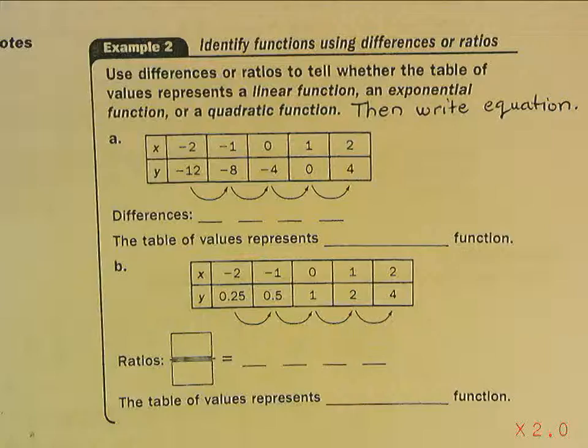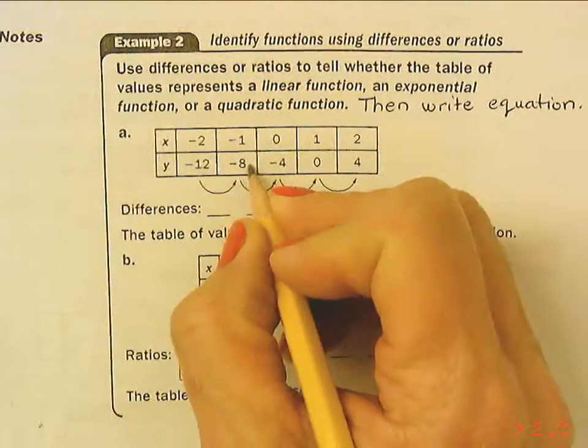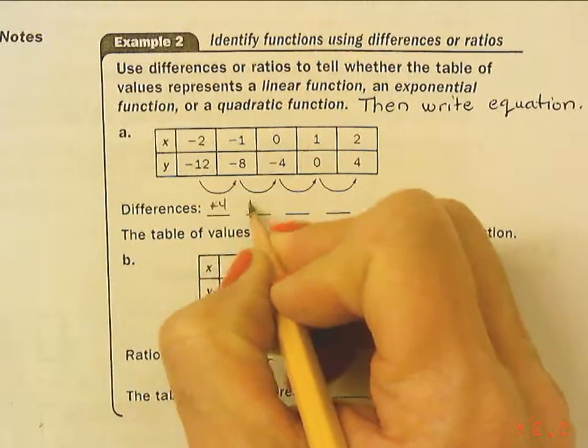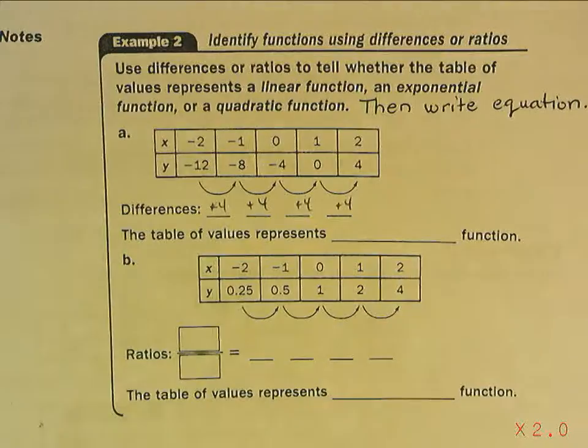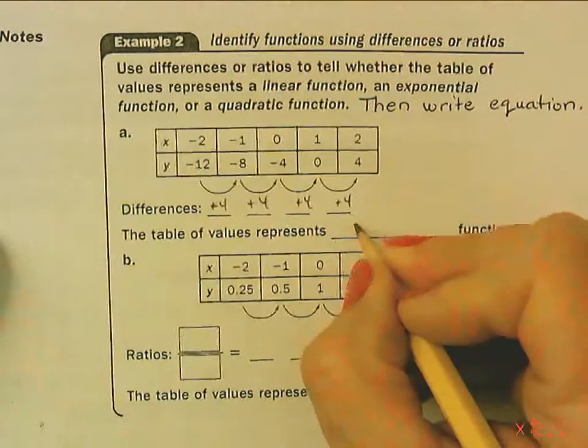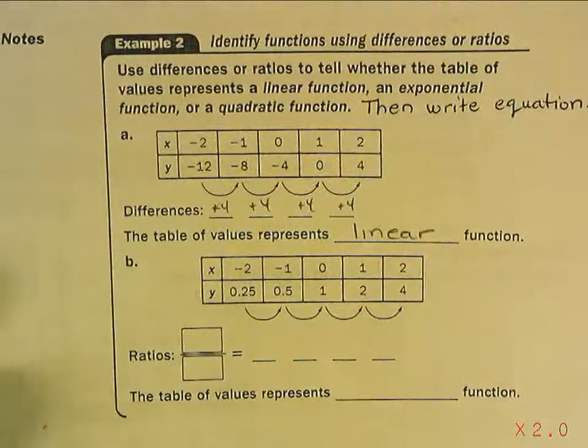So we're going to look at example A. So I look to see what kind of difference this is. This is adding 4, adding 4, adding 4, adding 4. So this table, since it has a common first difference, represents a linear function.